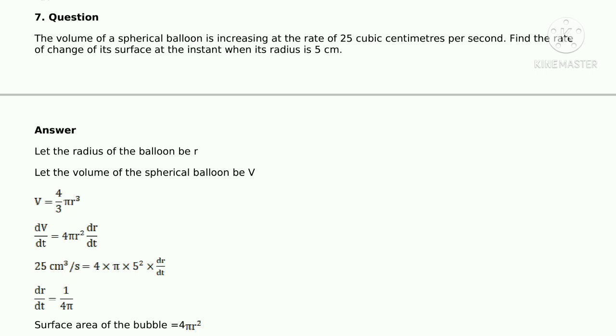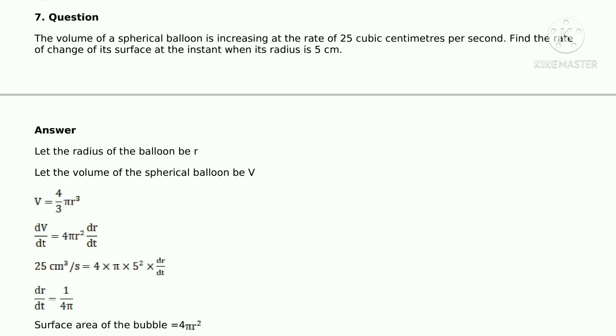For the surface area, first of all we have to find dr/dt, the rate of the radius. So from here, 25 equals 4 into pi into 5 square into dr/dt, then we get dr/dt equal to 1 by 4 pi. Up to this clear?